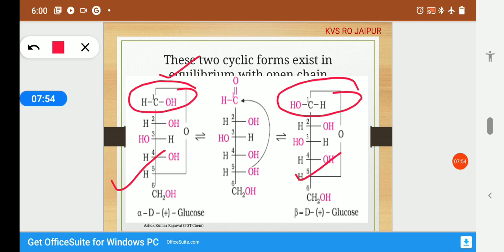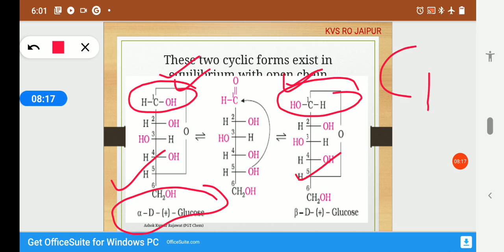Here the OH group is attached at the right side, whereas here the OH group is attached at the left side. In alpha D glucose the OH is attached at the right side, whereas in beta D glucose the OH group is attached at the left side. So these two isomers, alpha D and beta D, exhibit a difference in configuration only at one carbon, that is the C1 carbon.